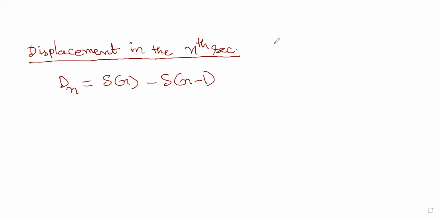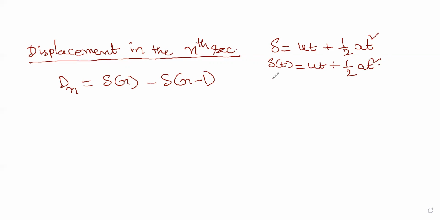So how do we do that? Let us say you know that S is equal to ut plus half at². So it is very well understood that S is a function of time, and it is quadratic in nature: ut plus half at². So let us put t is equal to n and t is equal to n minus 1 and generate two equations out of it.